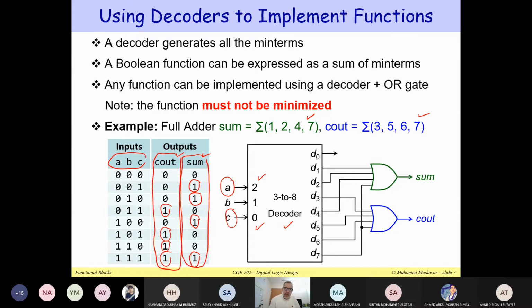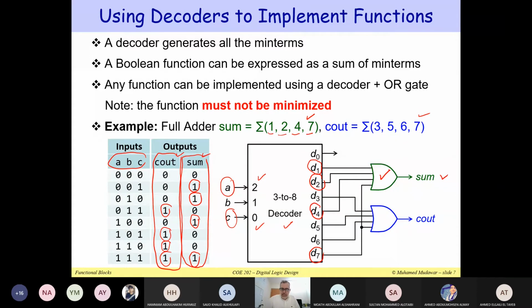For sum, I need 1, 2, 4, and 7. So look at the outputs D1, D2, D4 and D7, and connect them to this 4-input OR gate. We simply take the ORing of these 4 minterms and we get the output sum. That's so simple and so easy.